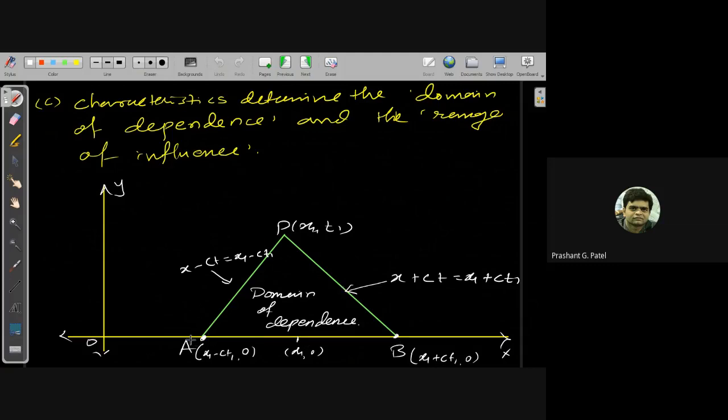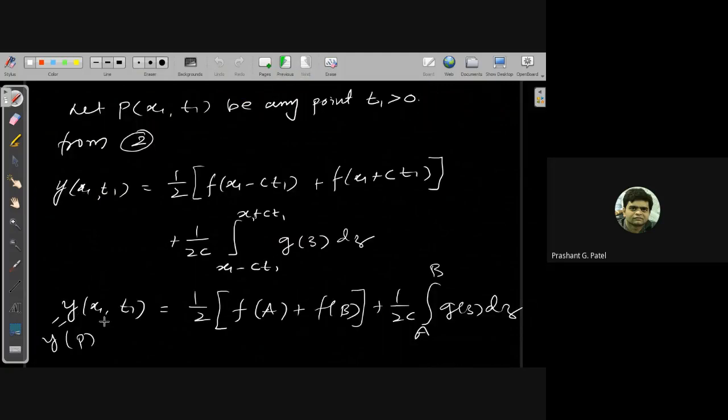Whatever the data is given on the segment AB, if you know it, then we are able to calculate y of P. Because if you know A, B, and this integration, then and only then you can calculate. So that's why the region between the segment AB is called the domain of dependence.